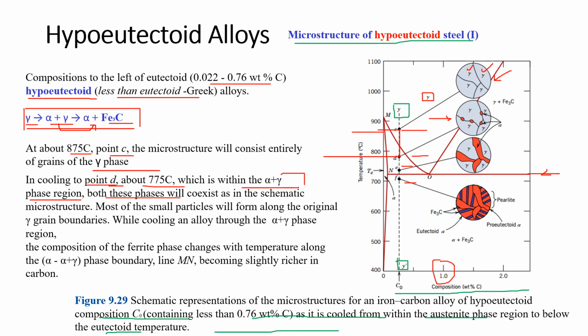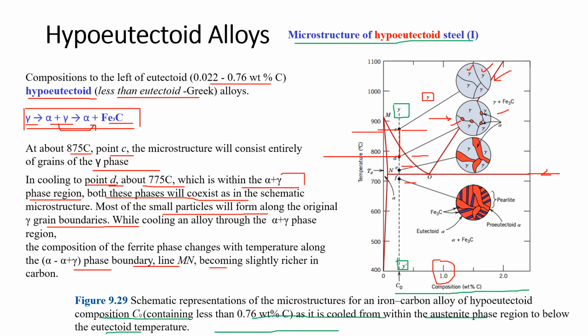Both these phases coexist in the schematic microstructure. Most of the small particles form along the original gamma grain boundaries. These are the small particles formed in the original gamma phase region. The composition of the ferrite phase changes with temperature along the alpha to alpha plus gamma phase boundary.